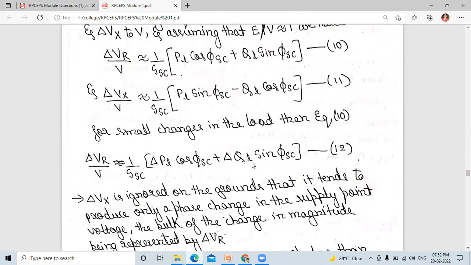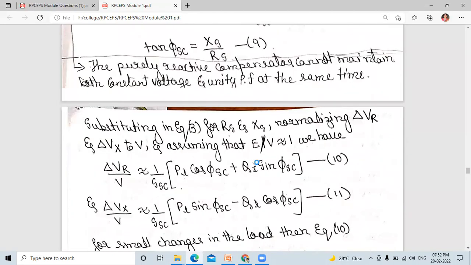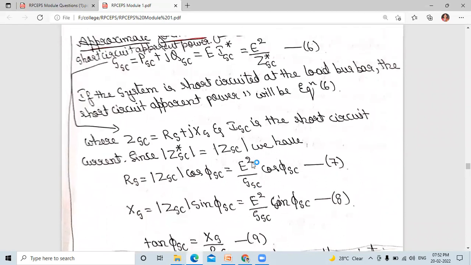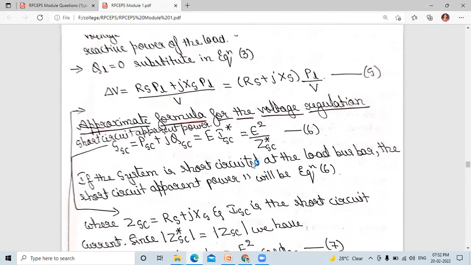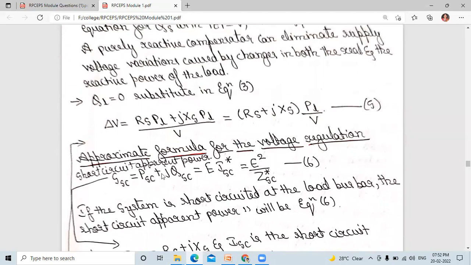Okay. If they have not asked for the approximate formula for the voltage regulation, then there is no need of writing that. No need of writing this one, approximate formula for the voltage regulation. If you write up to delta V, that's fine. Okay, that is the voltage regulation formula.